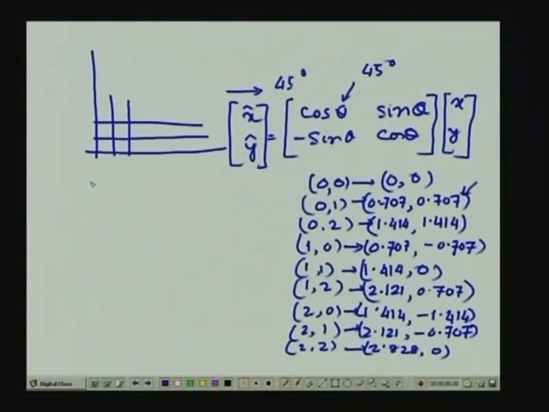So, for the original image location 0 1, which has been transformed to location 0.707 and 0.707, this has to be mapped to pixel location 1 1 in the transformed image. If I do that mapping, all the pixel locations will be mapped like this. I put a new grid, and the new grid will appear like this.